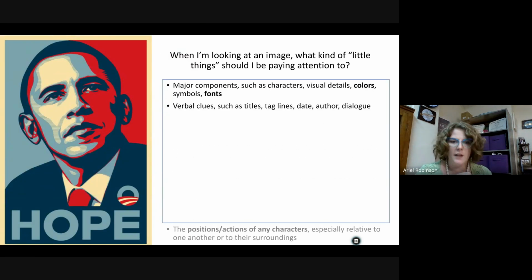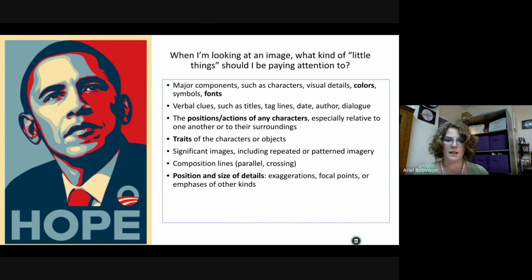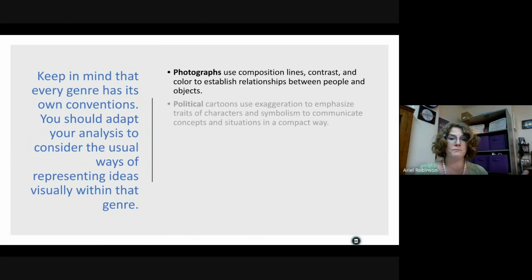But then other things that are images, if you have a piece like this that's like Obama, right? You've got red, white, and blue, this big word hope, this idea of America representing American values, and then he's looking up at the sky. All of that aids our understanding of what the text means, right?